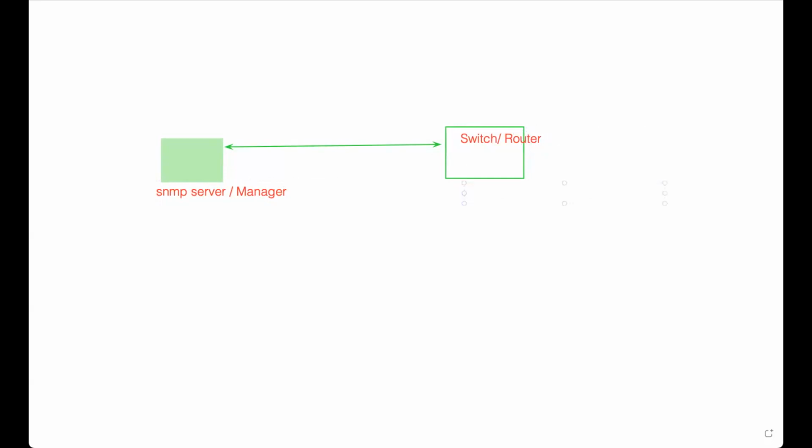So this is also called as SNMP agent. In SNMP terms, whatever the network device that we are trying to monitor is called SNMP agent, and this is called SNMP server or manager. Okay. So in this case, they both communicate using messages called PDUs, protocol data units. So the network devices are called SNMP agents, and the server which is managing them is called SNMP server or SNMP manager.